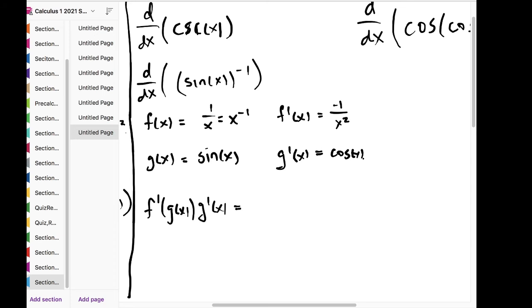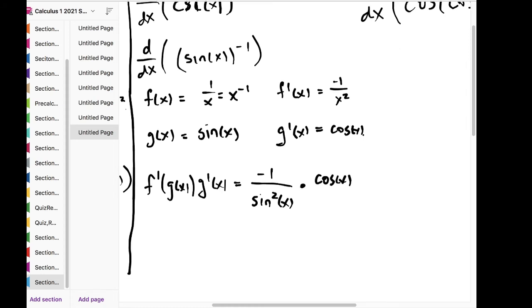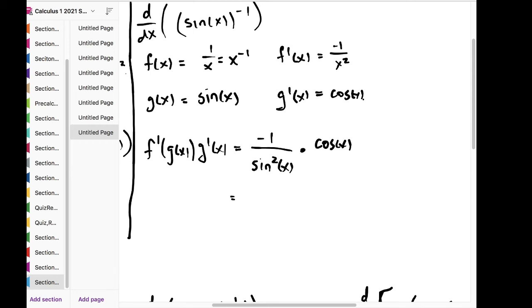So f prime is negative 1 over, you plug in g, you multiply it by the derivative of g, which is cosine. So you get negative cosine over sine squared. And that's negative cosecant cotangent.